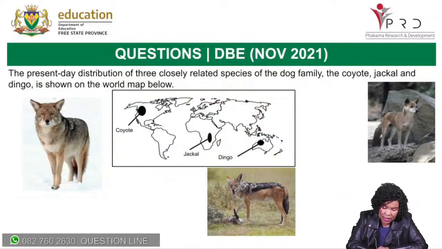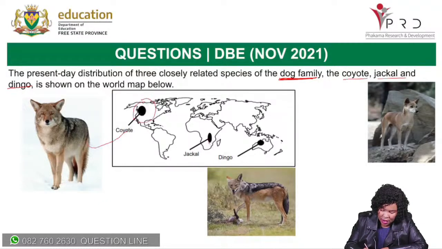Let us read the question. It says that the present day distribution of 3 closely related species of the dog family, the coyote, jackal, and the dingo, is shown in the world map below. So this map shows us that the coyote is found somewhere here.